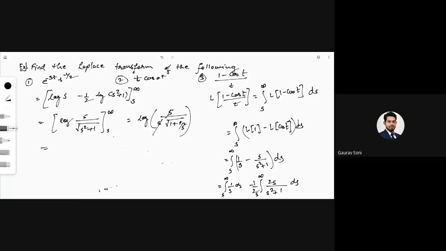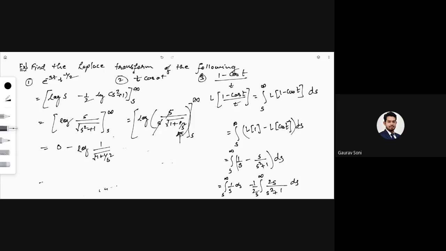Now this s will get cancelled out, and you have the limits from s to infinity. Now if you put infinity, 1 upon infinity will become 0, so 1 plus 0 is 1. Log of 1 finally will become 0, minus log of 1 upon under root 1 plus 1 by s square.